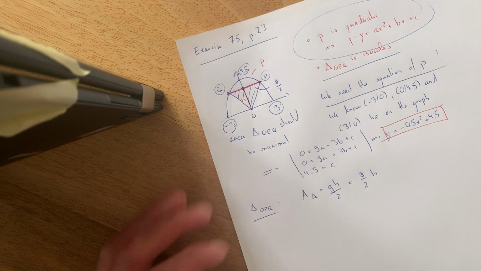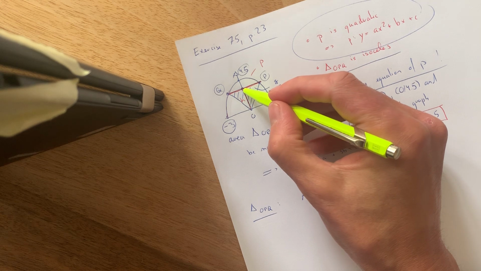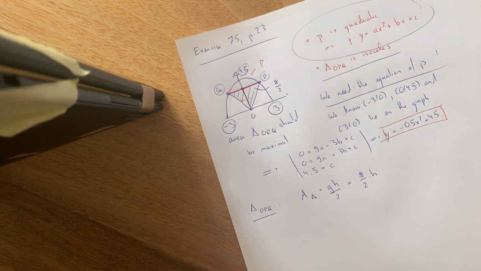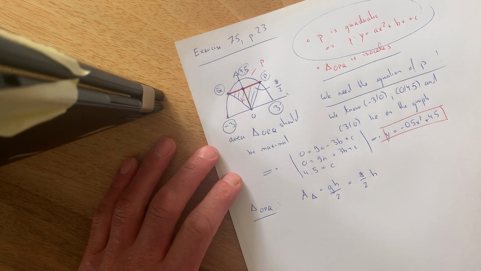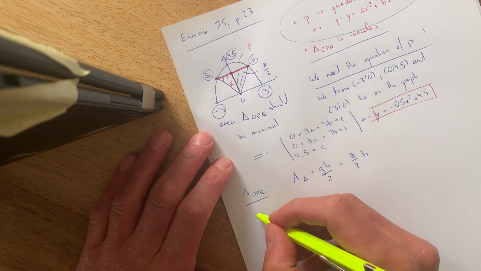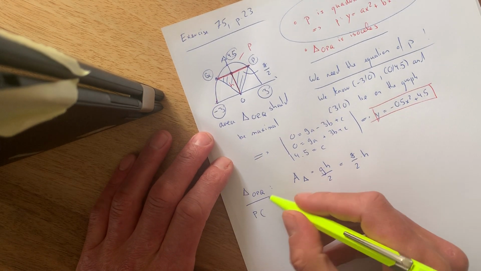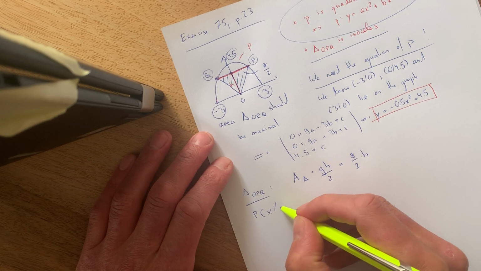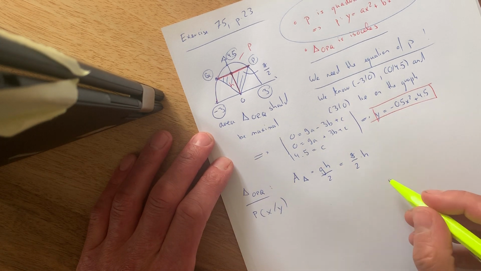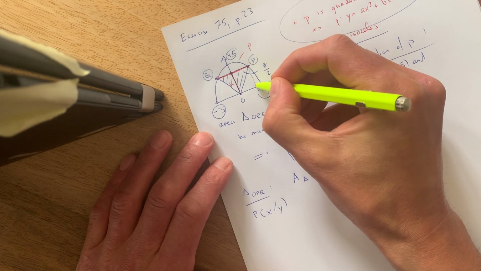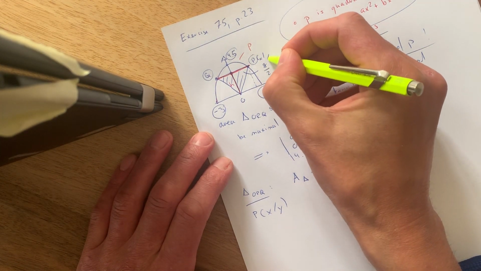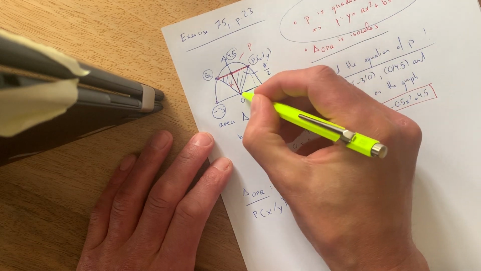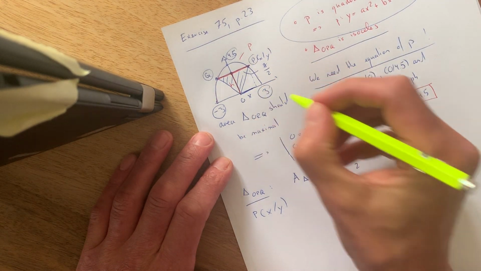So the only thing we need is to find a way to express this line and this line somehow. Well, what are we doing? We introduce coordinates, of course. So let's say P has coordinates x and y. If P has coordinates x, y, then this line here is precisely x.